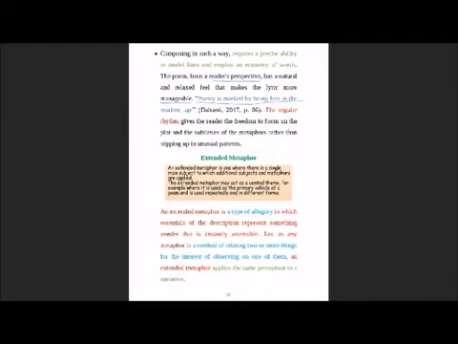Poetry is marked by being free in the modern age. So the regular rhythm gives the reader the freedom, yes, free verse, the freedom to focus on the plot and the subtleties of the metaphors rather than tripping up in unusual patterns.